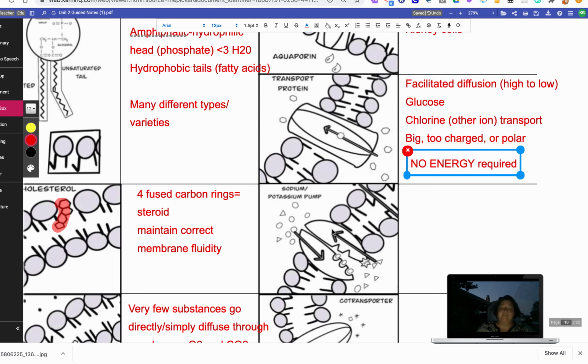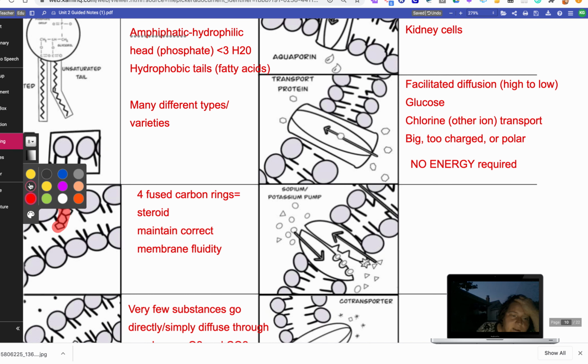In contrast to this one here, if it's a sodium potassium pump, and like I said, if this is outside the cell and this is inside the cell, the direction of these arrows is wrong. So I want to correct that. I really like this diagram though.